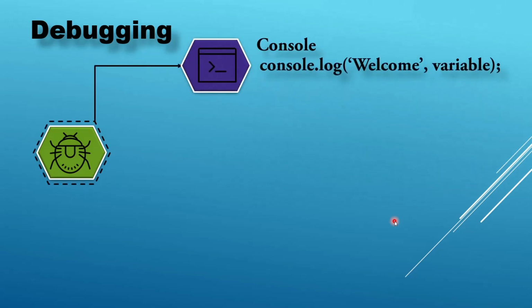In that function you can write console.log and whatever variable you need to check. You can see this in the inspect, where you will have one console. Automatically it will print on that console. If any function is called, you can check it by using console.log, and then check that in the console.